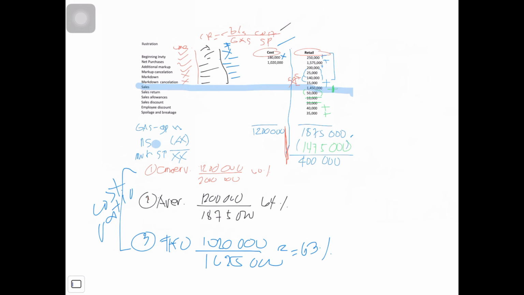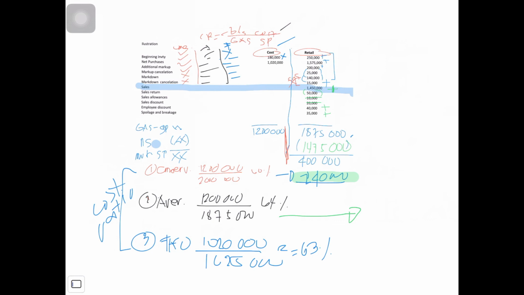So, these three are the cost ratios. As you can see, our goods available for sale and net selling price, whether average, conservative, or FIFO, are still the same. They differ only in the cost ratio. If we use 60%, then 400,000 times 0.6 would be 240,000.